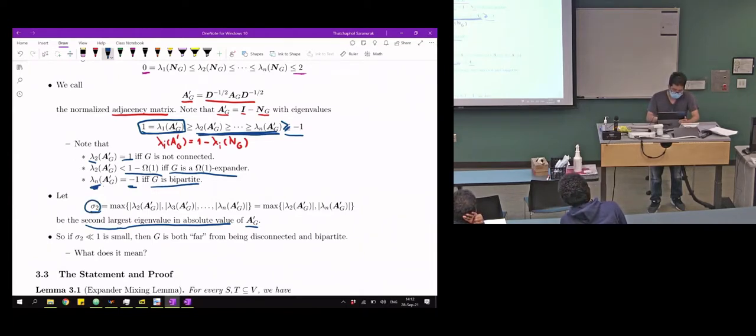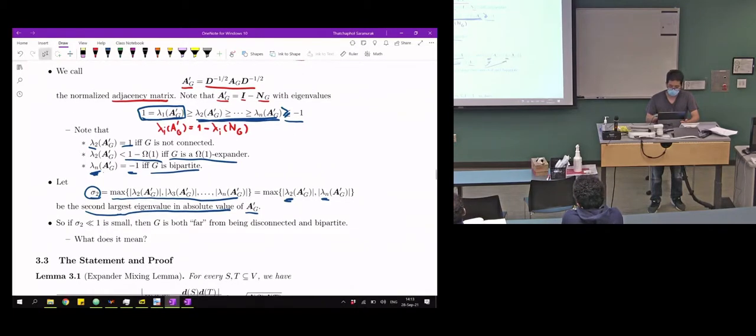That is sigma 2, right? You take the maximum over all of these, but actually you just need to look at the second eigenvalue and the last one. Take the maximum absolute value of these two. Okay, so that's sigma 2.